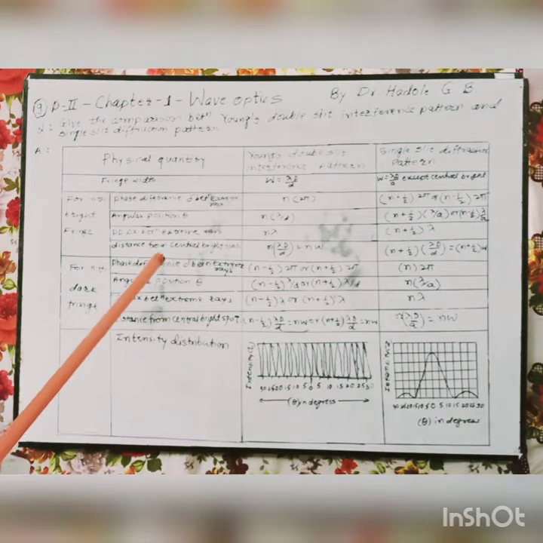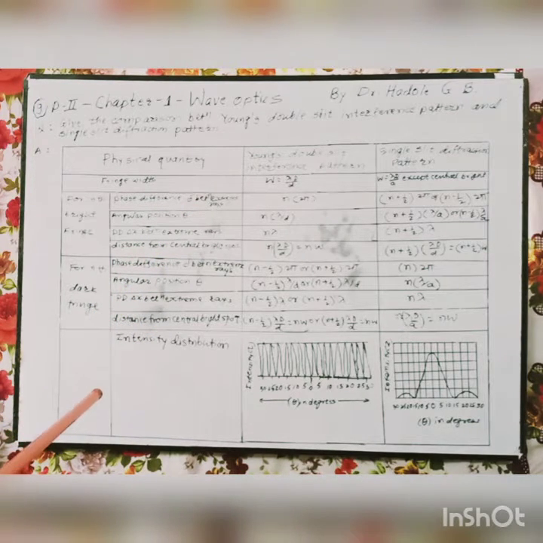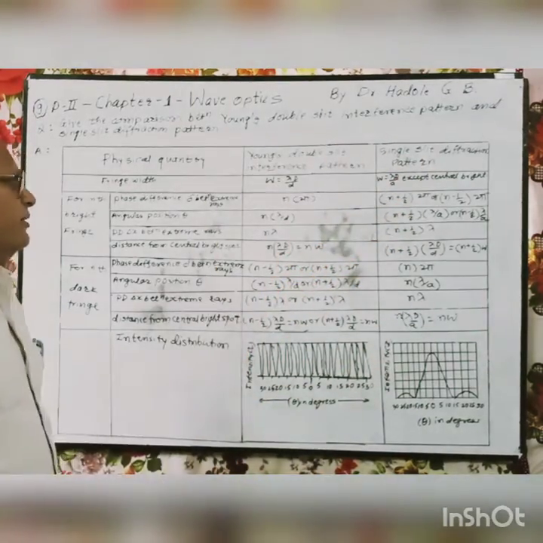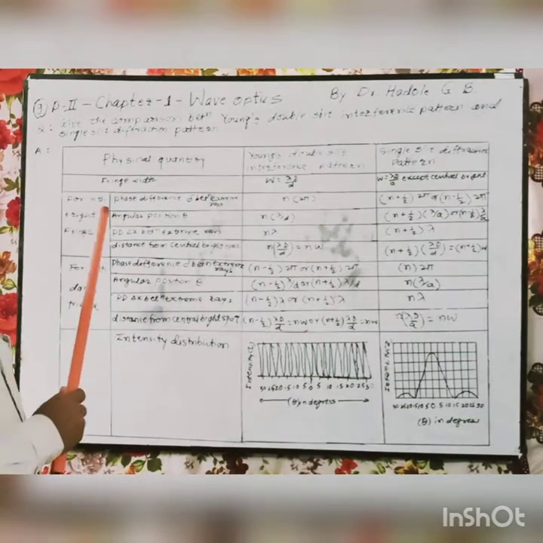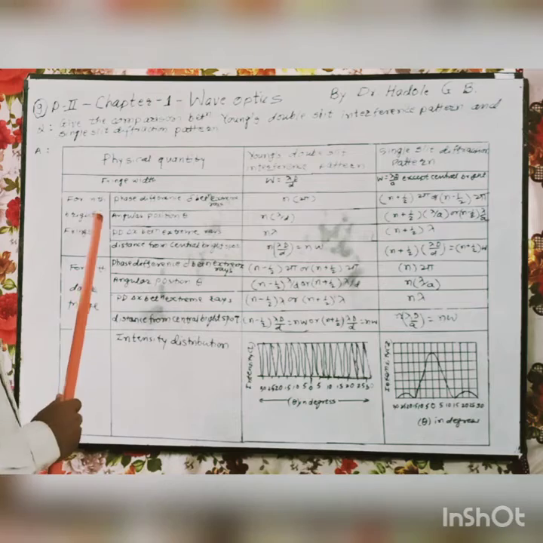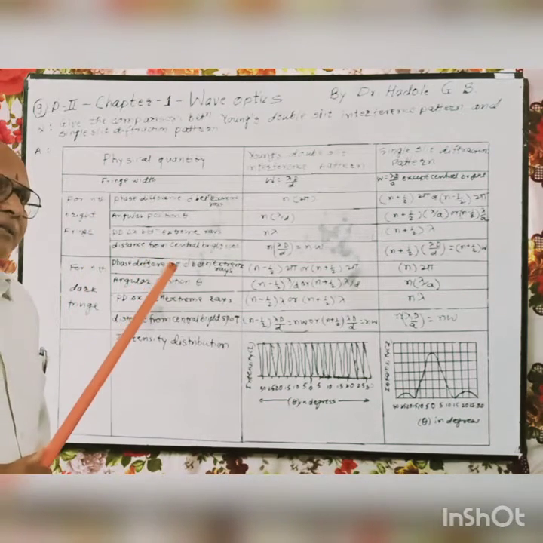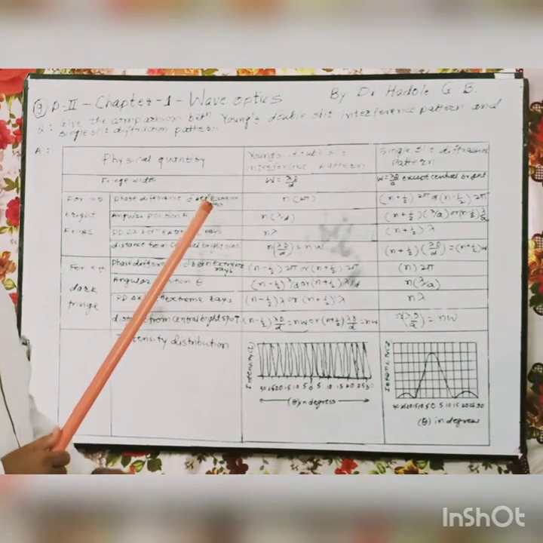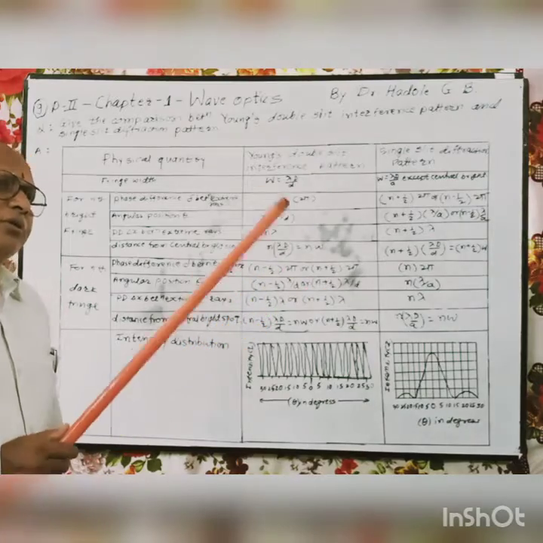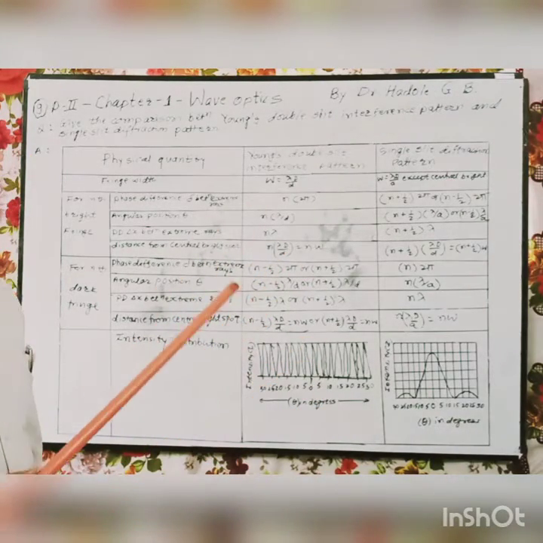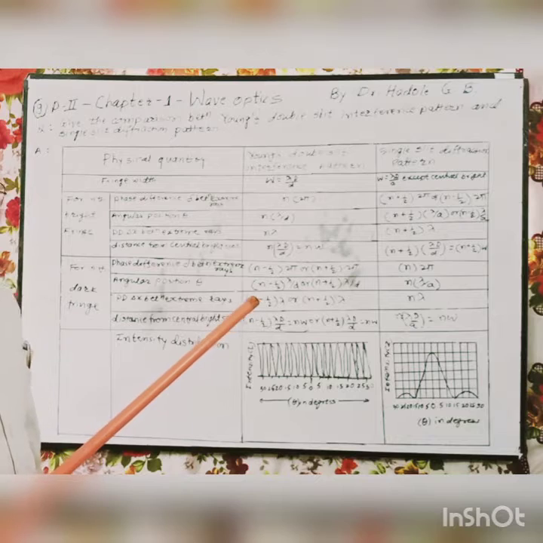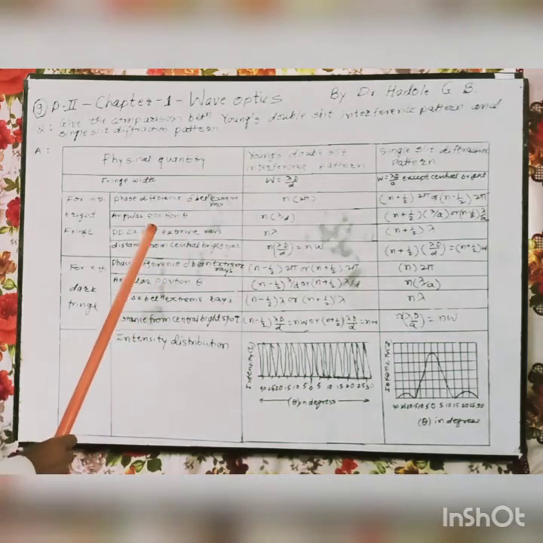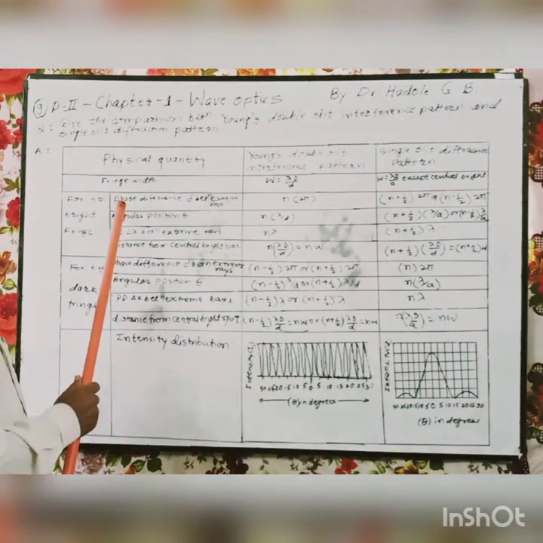Also in single slit diffraction, alternately bright and dark points, or we can say points of maximum and minimum, are formed on both sides of the central bright point. Of course, we are going to learn the nature afterwards. First of all, let us see some comparisons for certain physical quantities.